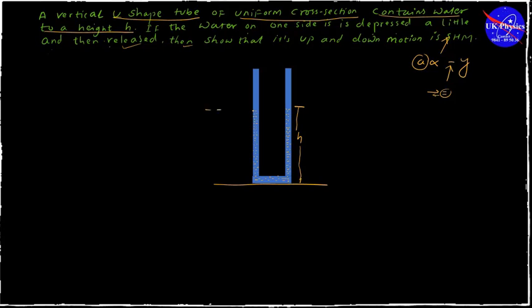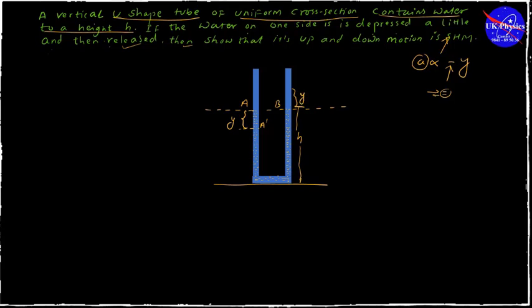Suppose this is the initial level of water, and let this point be A and this point be B. Suppose I depress the liquid in the left column through a distance y, and it comes to A prime. Then the same amount of water level will rise in the right column.